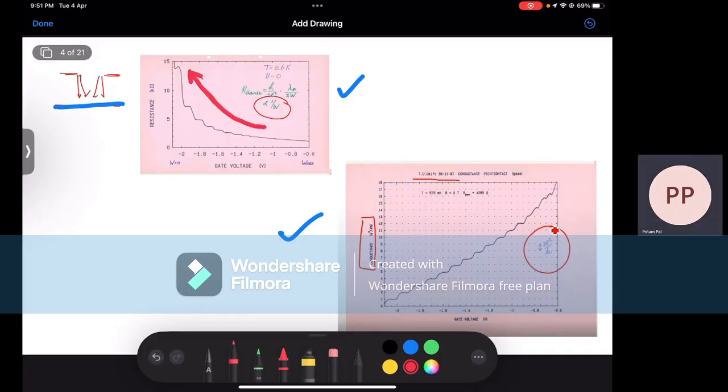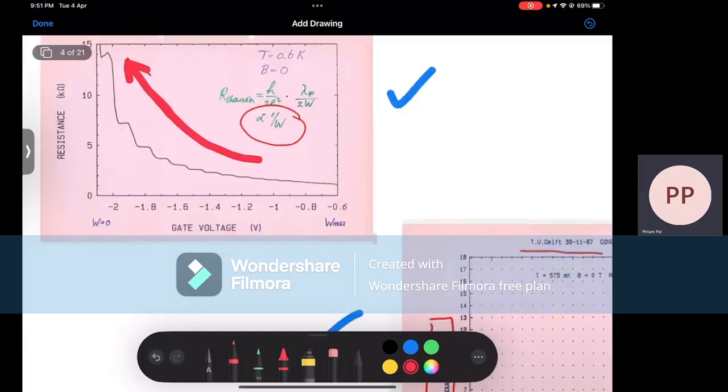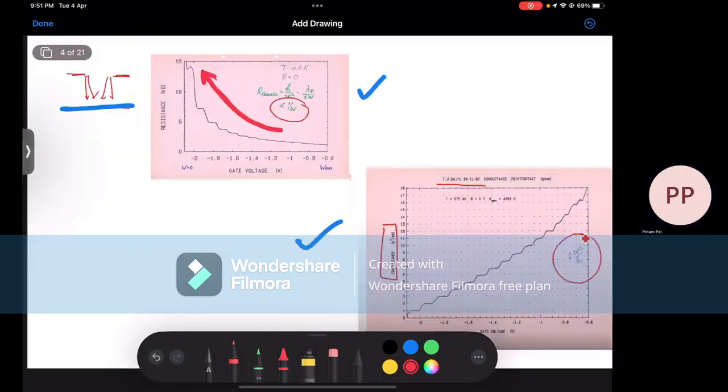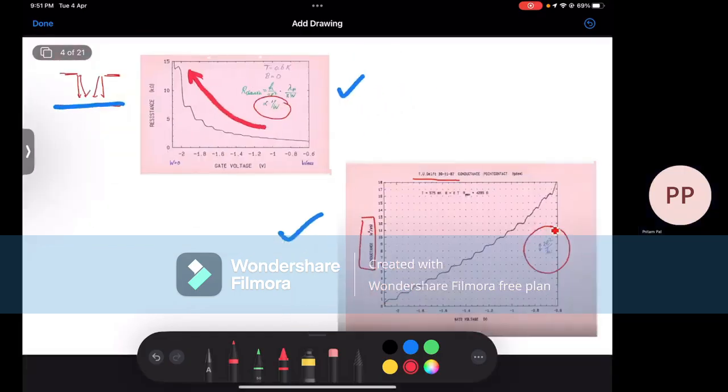This is how it changes. With more and more negative gate voltage, it becomes distinct steps, as you can see here.